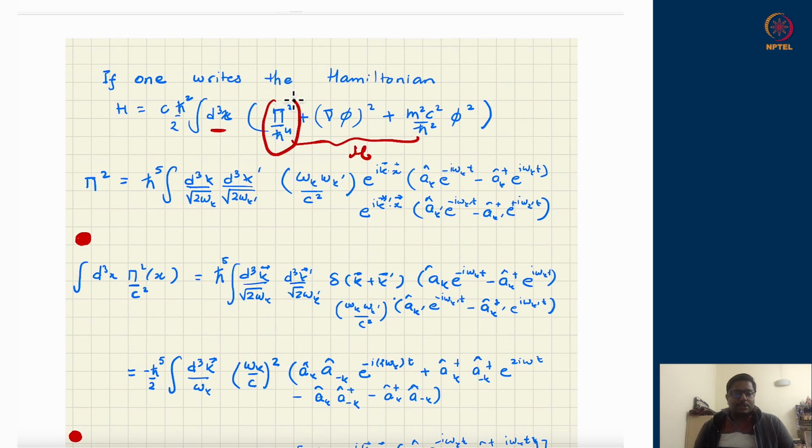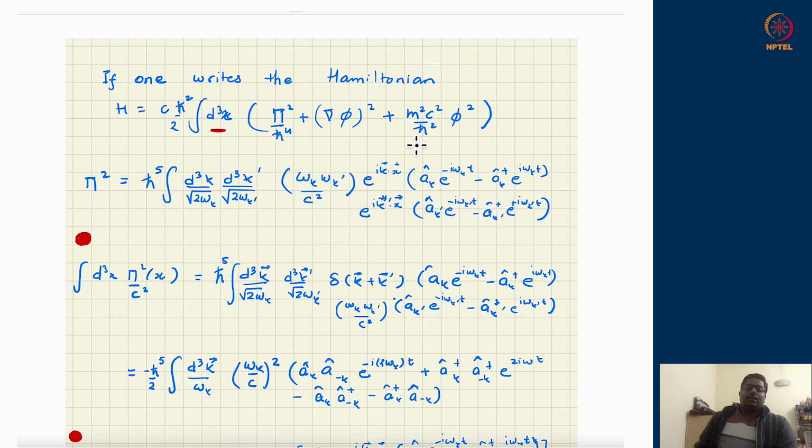One is this pi squared upon h squared. One is the gradient of phi squared, and then there is an m squared c squared phi squared. So we need to evaluate all these terms to know what the Hamiltonian looks like. This is a slightly elaborate mathematical procedure, which I will do systematically so that we become very careful.